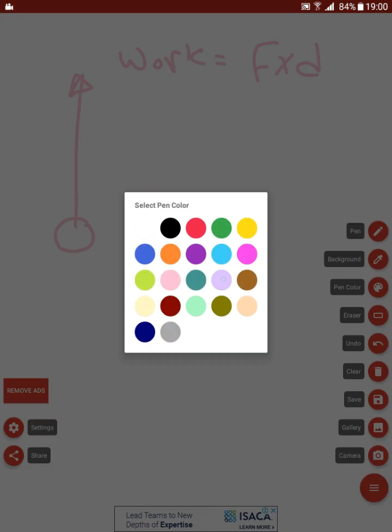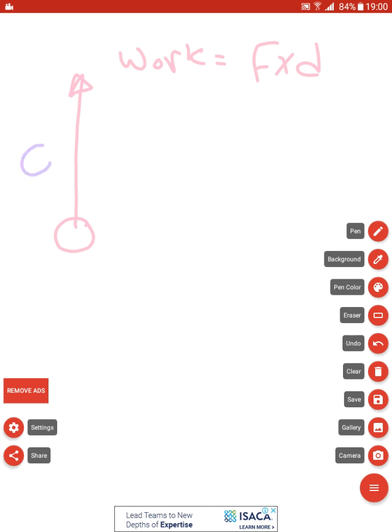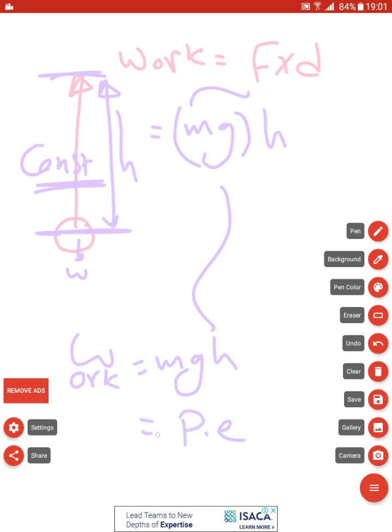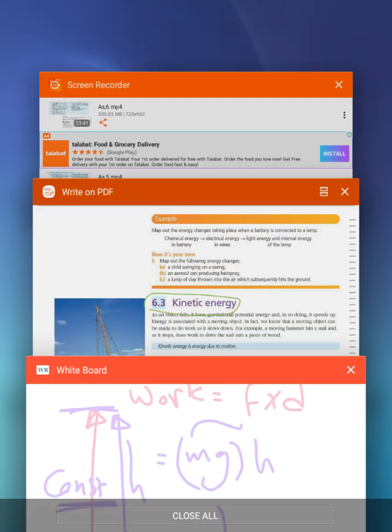If you want to move this object upward at a constant speed, the force moving up has to be equal to the force down, which is the weight. So the force acting is mass times gravity. The distance traveled between the starting point and end point is the height. So we have mgh equal to the work, which is the potential energy or the change in potential energy.